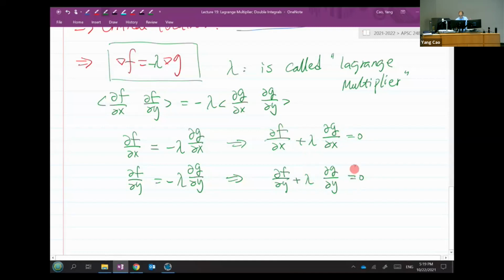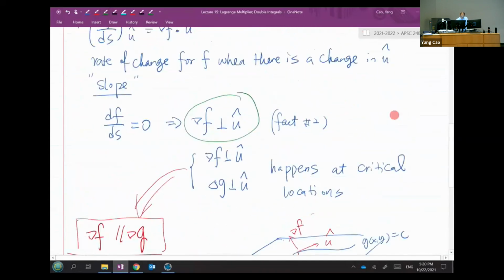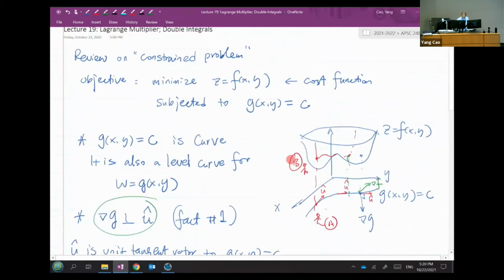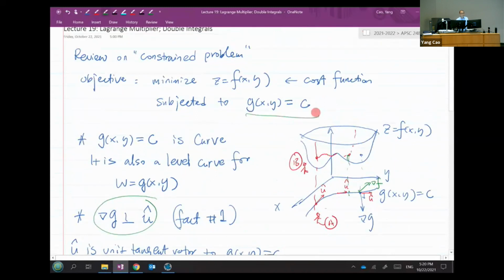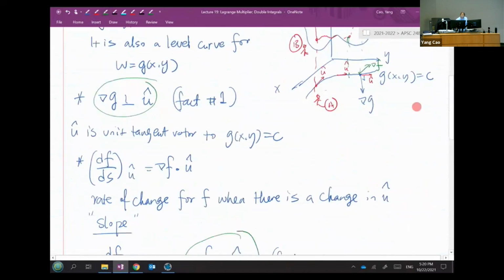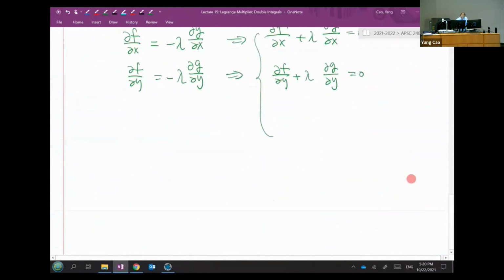If I want to solve, that's not enough. I need a third equation in order to solve. So what's the third equation? It's already in front of us. The third equation is the constraint. Your x and y are constrained to g of x, y here.